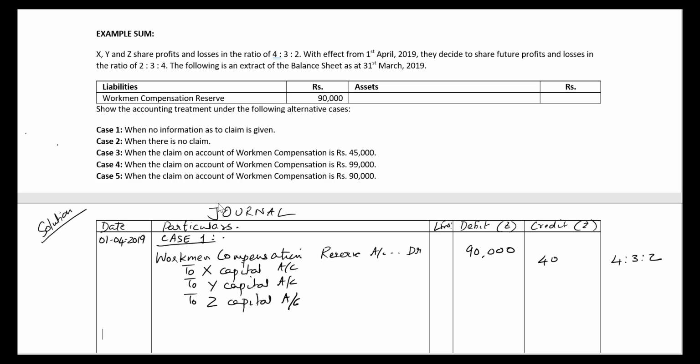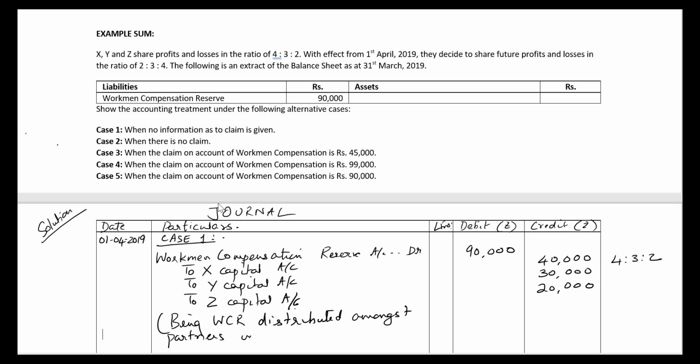So it amounts to 40,000 against X, 30,000 against Y and 20,000 against Z, being Workmen's Compensation Reserve distributed amongst partners in old profit sharing ratio.